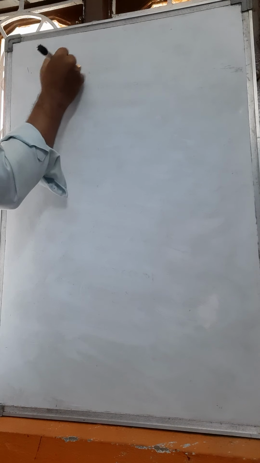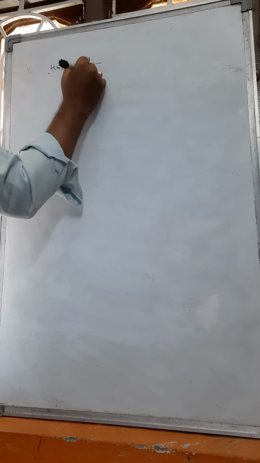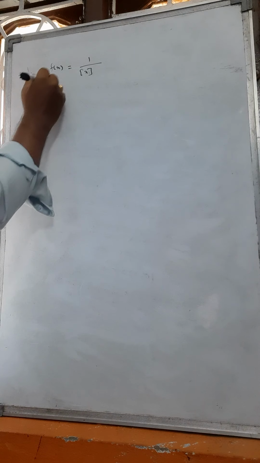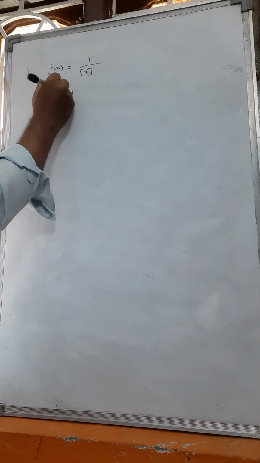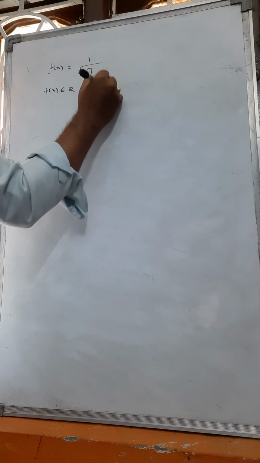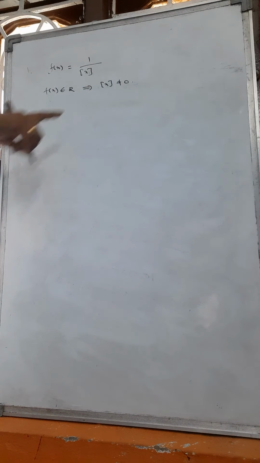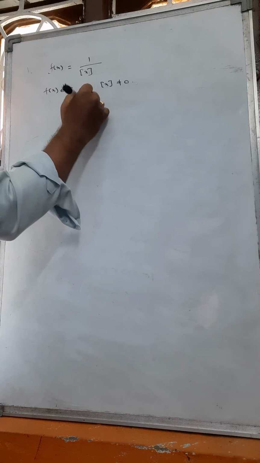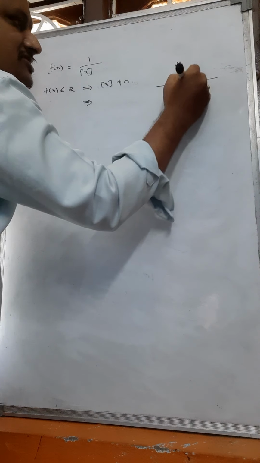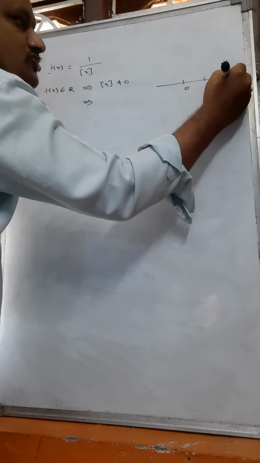Next, the first one, f(x) = 1/[x]. So here f(x) belongs to R, and [x] is not equal to 0. When [x] equals 0, x is between 0, 1, 2.